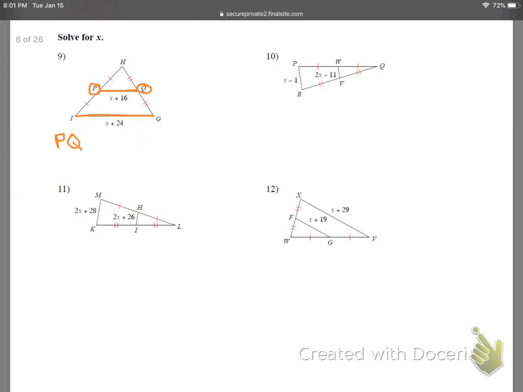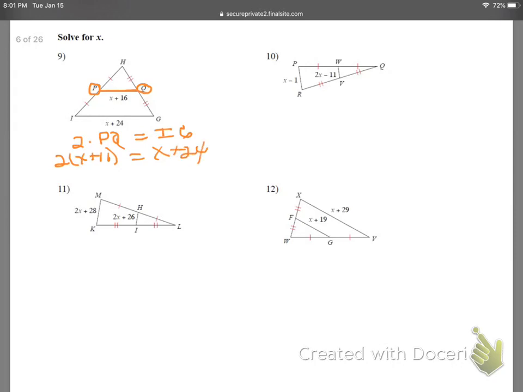Is it true that PQ equals 2 times IG? No. What is true is that 2 times PQ equals IG. So 2 times x plus 16 equals x plus 24.